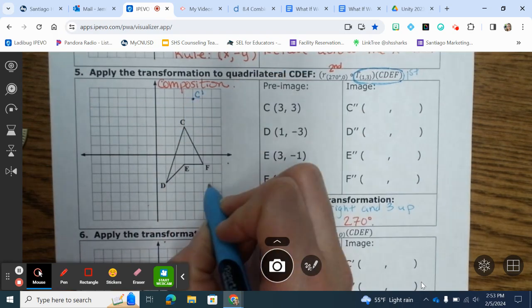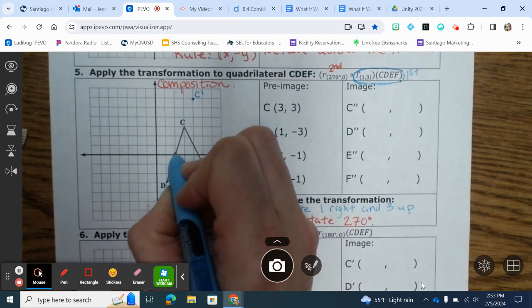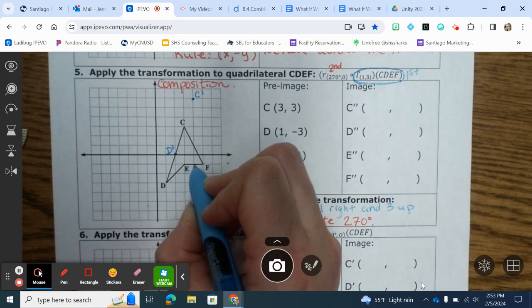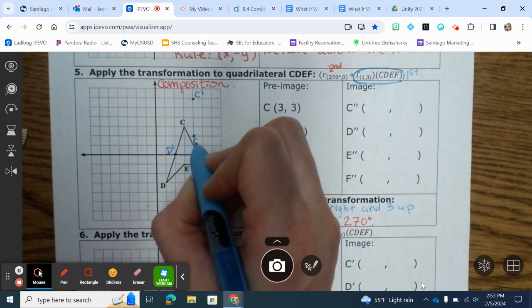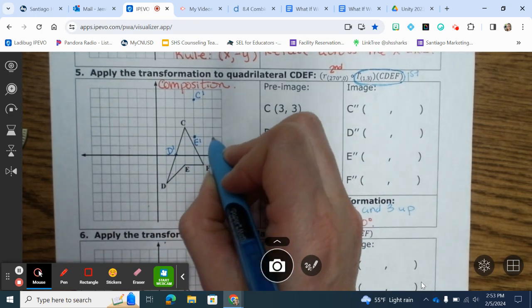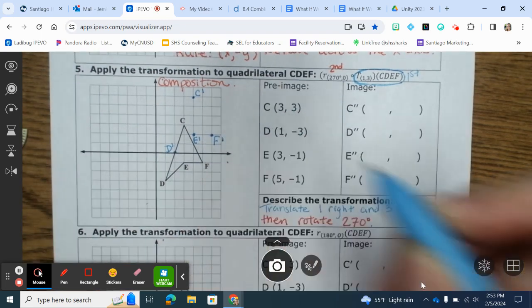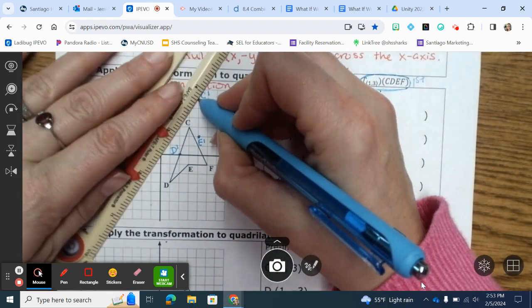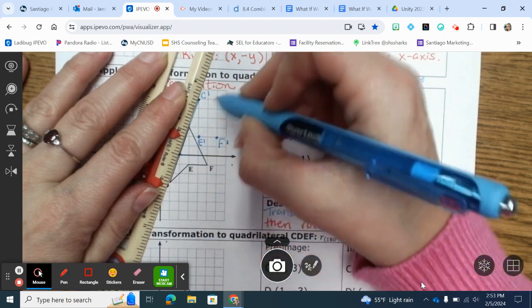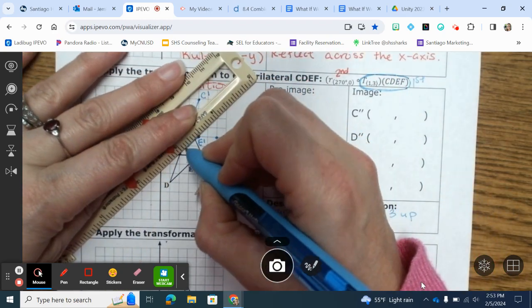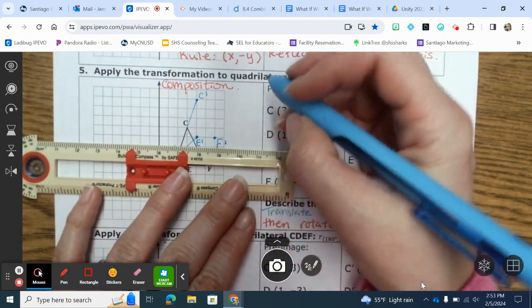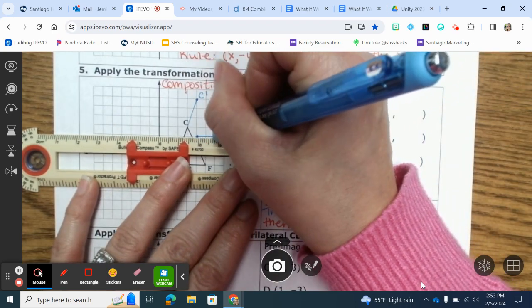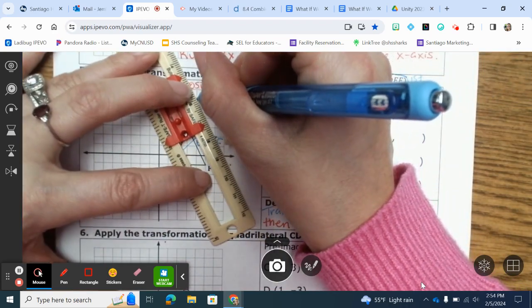Here's C prime. 1 right, 3 up. D prime. 1 right, 3 up. E prime. 1 right, 3 up. F prime. Now, this is not my final answer. This is kind of like showing my in-between steps, showing my work. Still valid, still want to see it, but not the final answer.